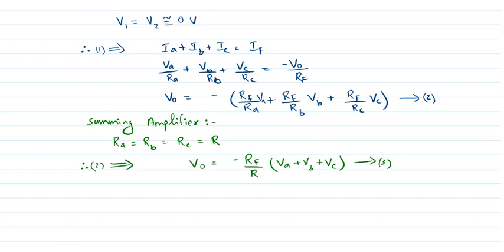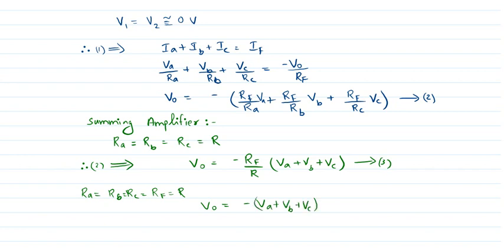If the value of RF is equal to the value of RA, RB, RC, then RF by R will be R by R and it will become 1. Then RA equal to RB equal to RC equal to RF equal to R. Then equation 3 becomes V0 equal to minus (VA plus VB plus VC).